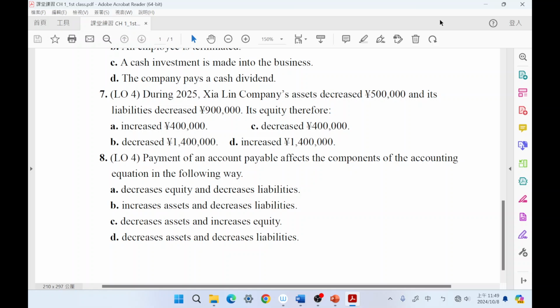And for each one, like increase or decrease, tell me whether it is debit or credit. You can discuss with your friend. It's okay. Questions 7 and 8. Also, I want to know debit or credit.